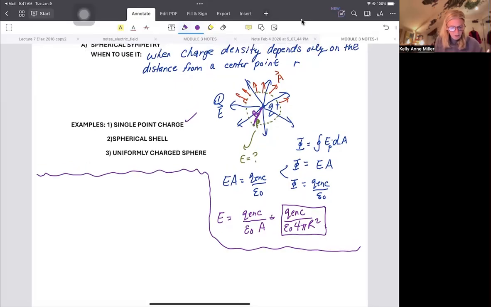That's one. Okay, so let's do two, the spherical shell. A spherical shell is just exactly what it sounds like. It's just a shell. And the charge is all on the outside of that shell, for reasons that you will understand in the next section.